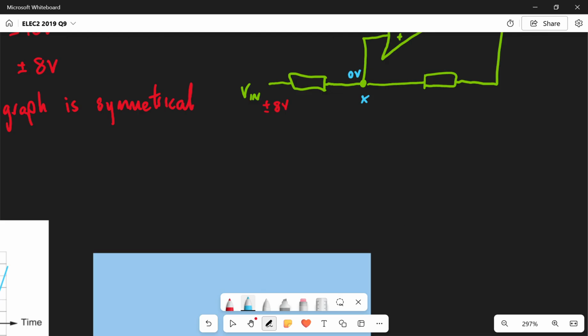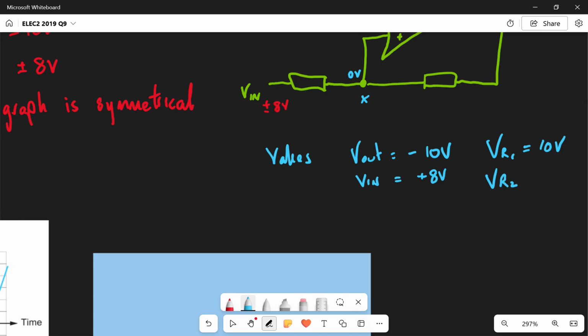So if we just record that for that particular output, when Vout is minus 10 volts, then Vin will be plus 8 volts to make it change, which means that the voltage for R1 is 10 volts and the voltage for R2 is 8 volts. And that's if this is R1 and this is R2.